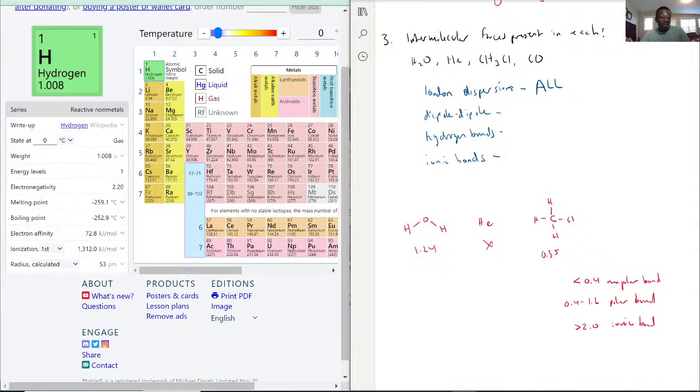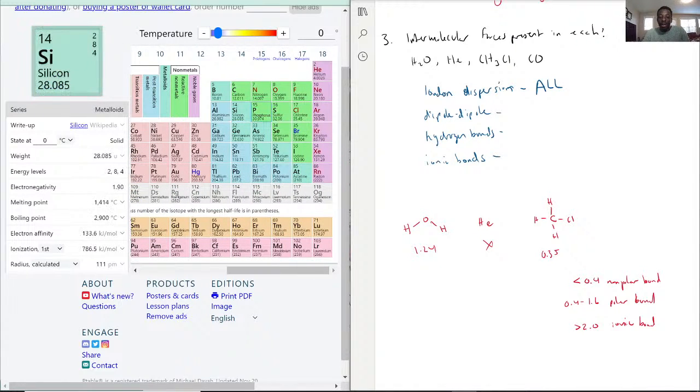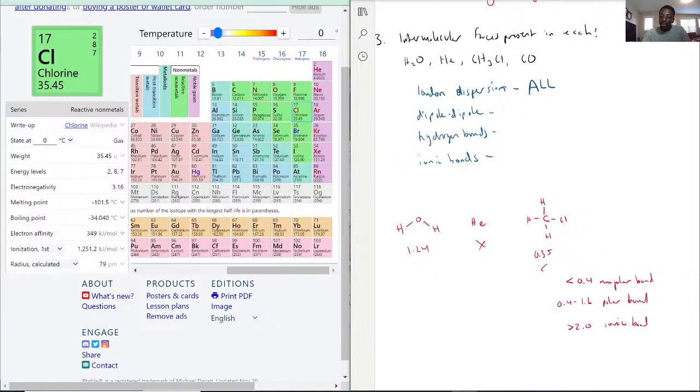But carbon and chlorine, okay, chlorine has an electronegativity of 3.16, and carbon has 2.55. So that's going to be a 0.61 difference, which in these numbers is significant, because that means that carbon and chlorine exert enough to form a dipole-dipole bond.